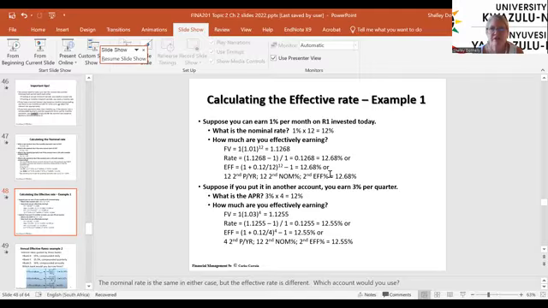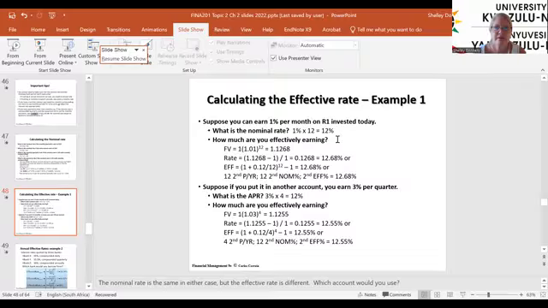How much are you effectively earning? Well, if you invested your R1, which is your PV, at 1% for 12 months, at the end of the year, you'd have R1 13 odd cents. You'd multiply your PV by 1 plus R to the power of M, or 1 plus your nominal rate divided by M to the power of 12.